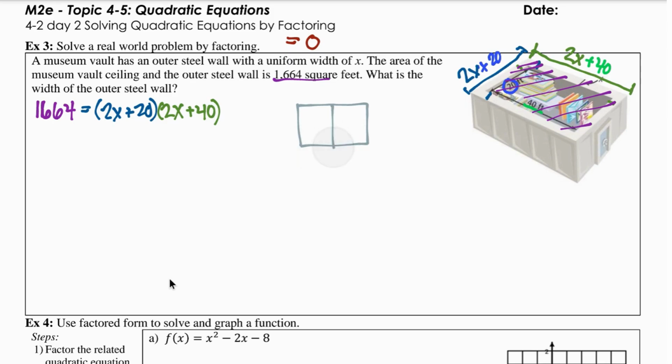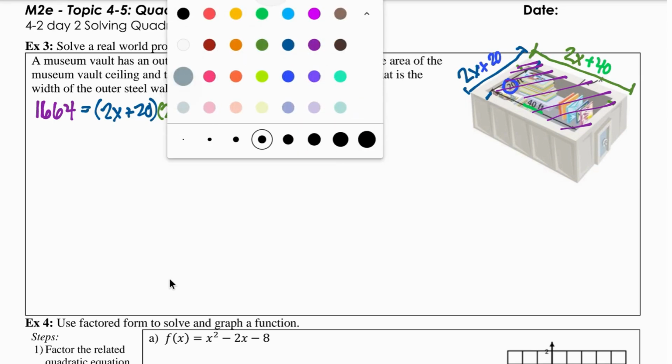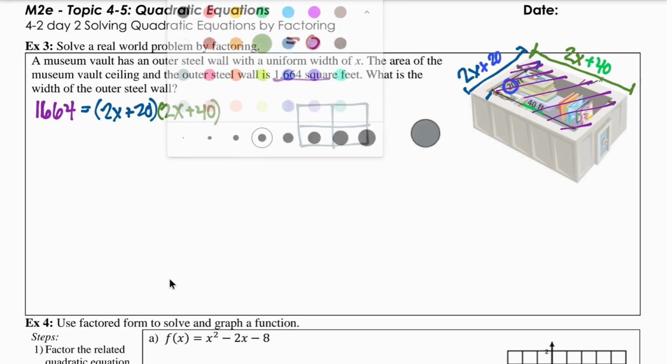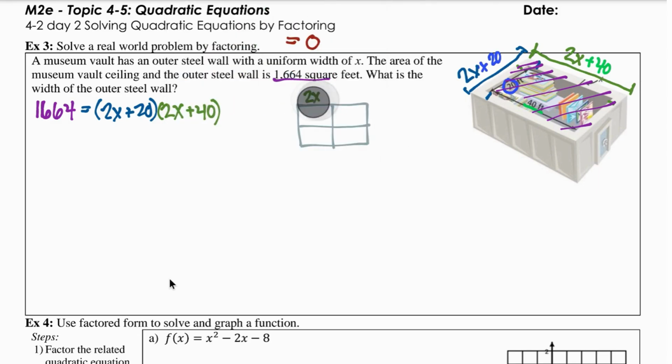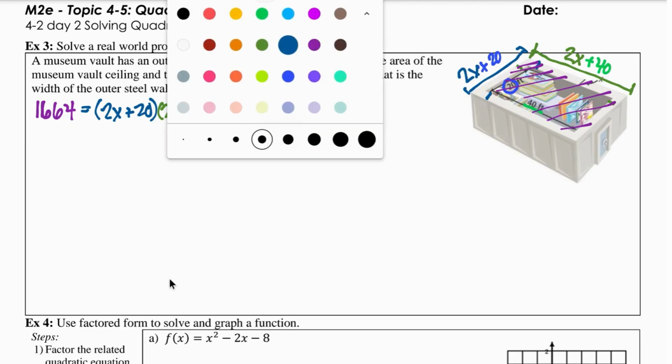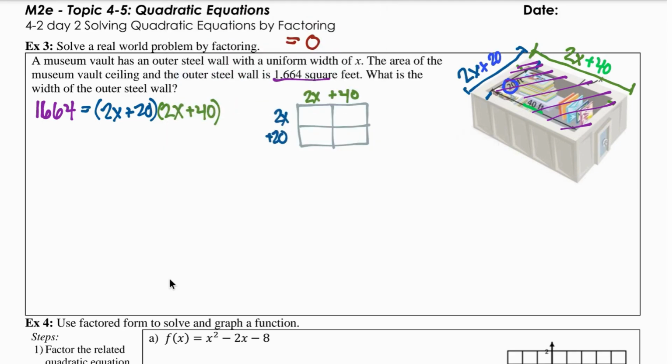So that's going to give me 2X plus 20 times 2X plus 40. I'm going to write the 40 across the top, 2X plus 40, and then 2X plus 20 down the side. And so when I multiply those together, I get 4X squared plus 80X plus 40X, and then 20 times 40 is going to give us 800.